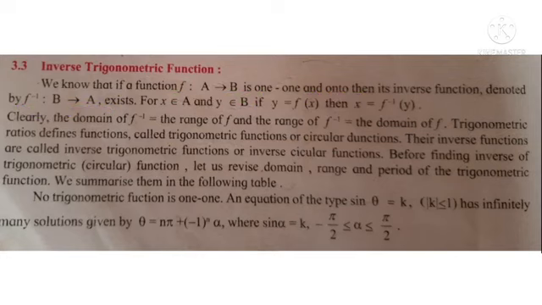Suppose f is a function from A to B. When its inverse exists, we denote it by f inverse. If the function is one-one and onto, then its inverse exists. For x belonging to A and y belonging to B, if y equals f of x, then you can write x equals f inverse of y.